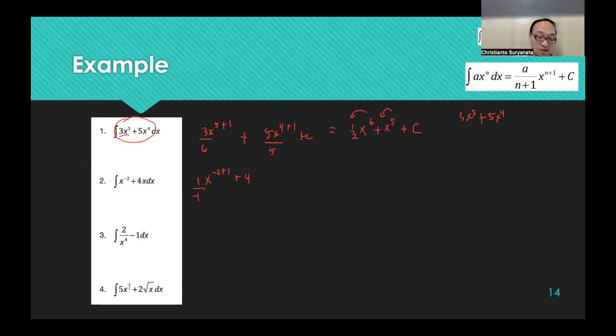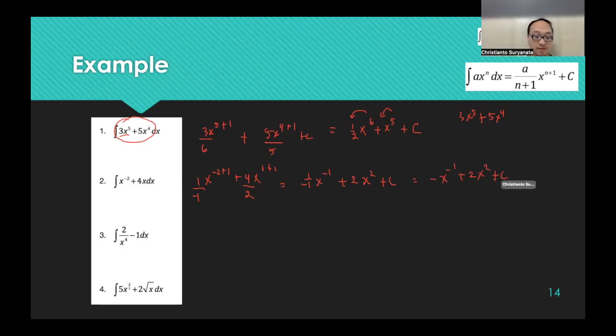And for 4x, this is to the power of 1 plus 1, divided by 2. So this is 1 over negative 1, x to the power of negative 1, plus 2x squared plus c. So equals negative x to the power of negative 1, plus 2x squared plus c.